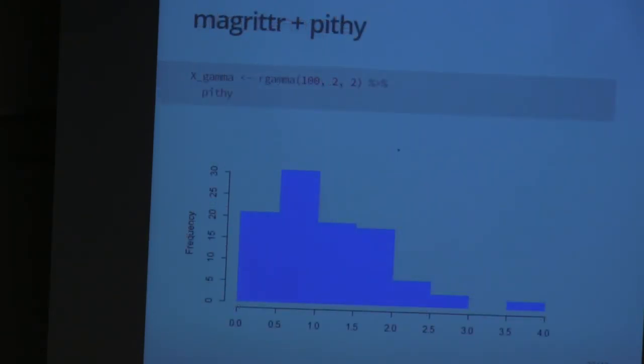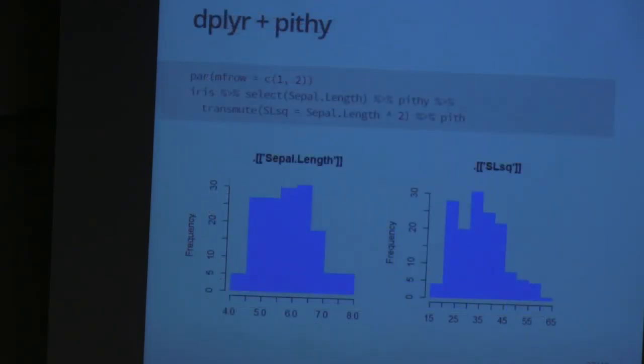Which is kind of nice if you want to use it with Magritte. So I can, in this case, generate some data and then send it to Pythy and assign it the value of some variable. And so I can make a plot on the fly without messing around with too much stuff. You can also do the same thing with dplyr. In this case, I have the iris data set.